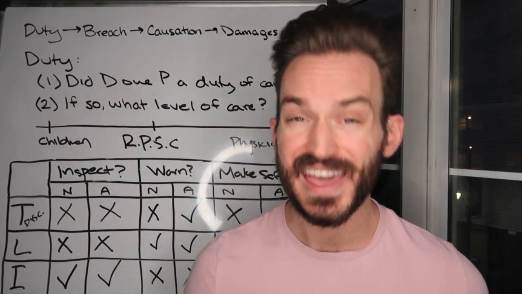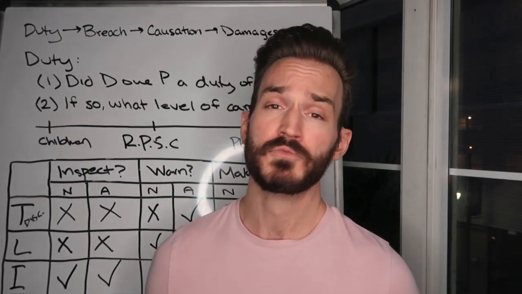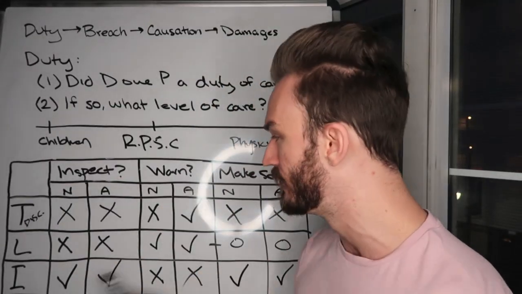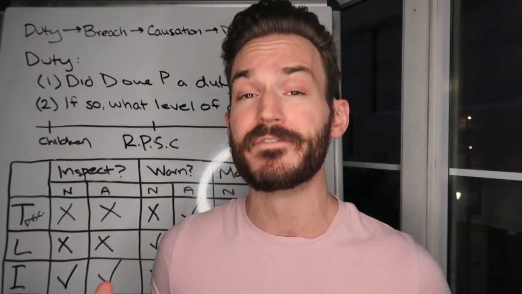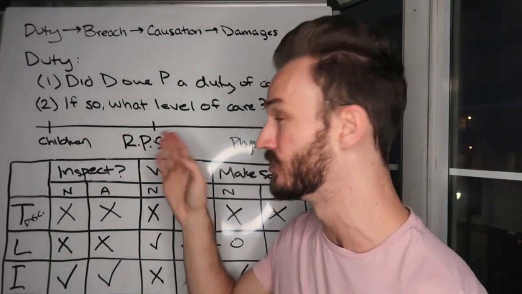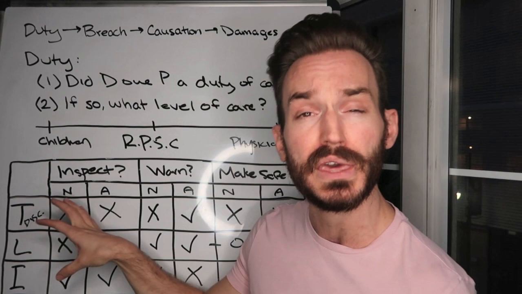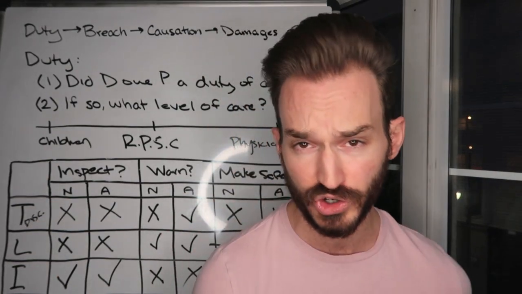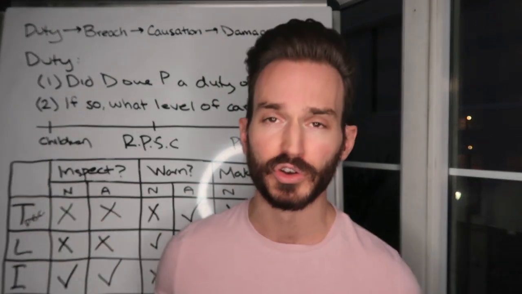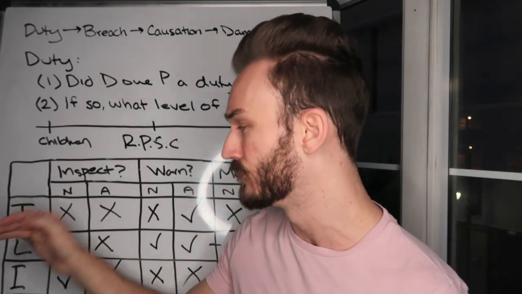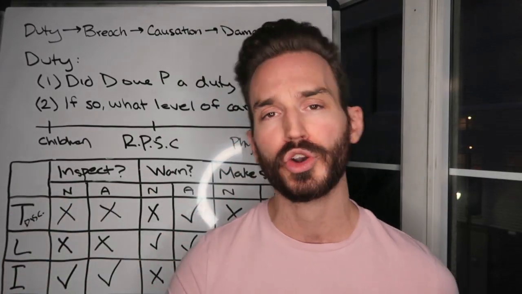Now, ironically, again, it's one of those things where you'll probably come to a very similar conclusion because all of these things would be factors in a reasonable person standard of care analysis. Nothing would be conclusive like it might be under this chart for the traditional approach, but they're all going to be factors because a reasonably prudent person would probably treat trespassers, licensees, and invitees a little bit different.